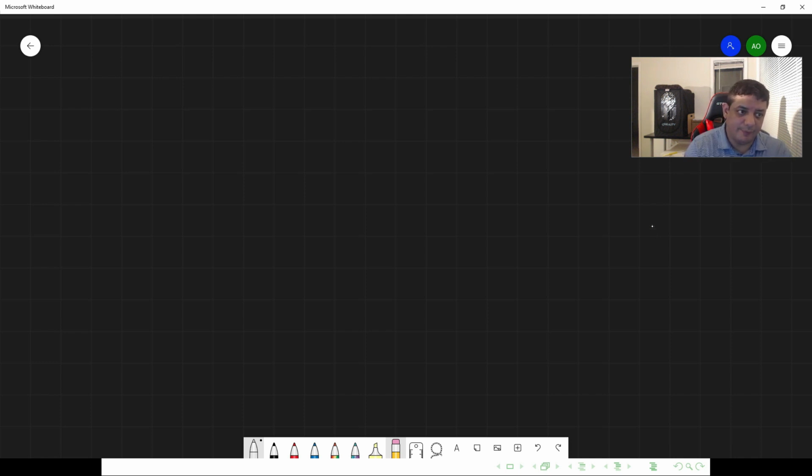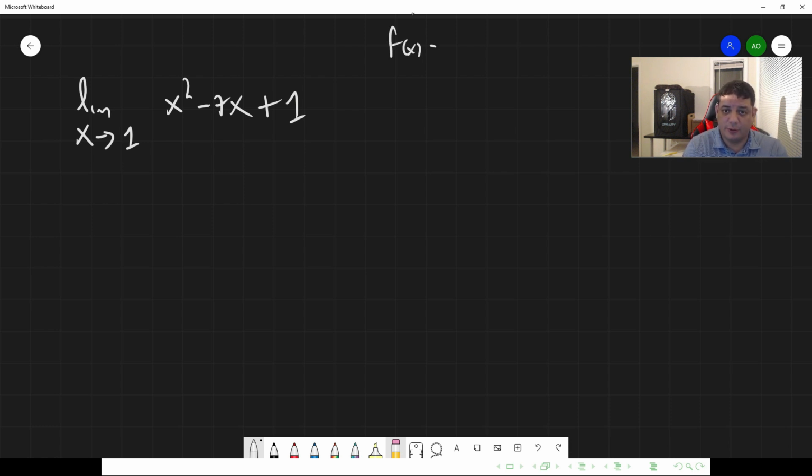Let's assume that I have the limit when x goes to 1 of x squared minus 7x plus 1. This is a polynomial function, and I'm going to assume it's talking about the function, of course, f of x, x squared minus 7x plus 1. Because I assume that this is continuous, then this limit is going to be equal to f of 1.